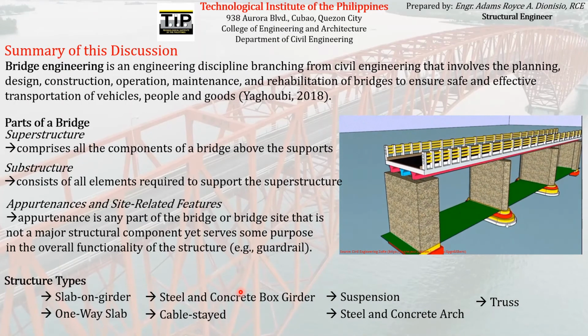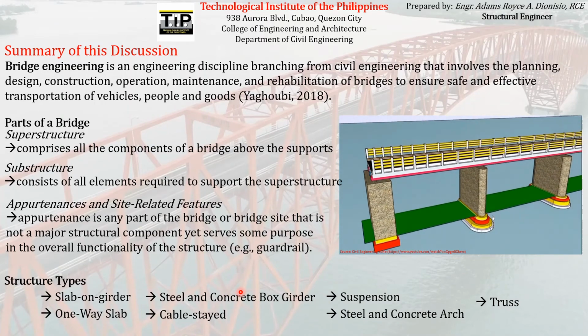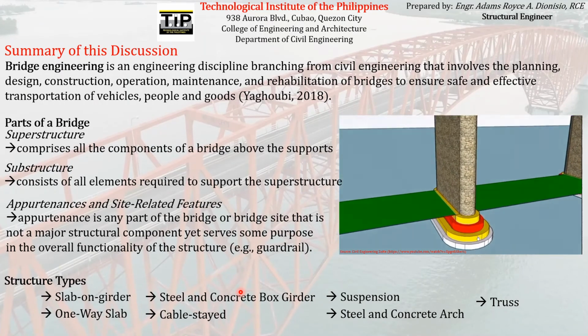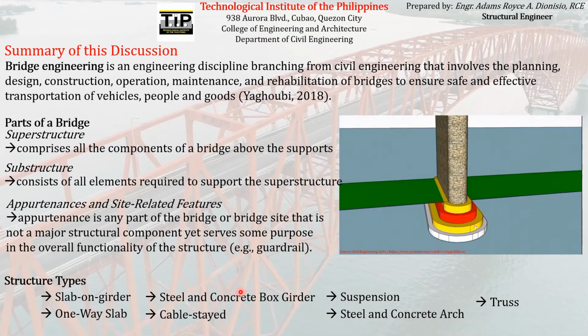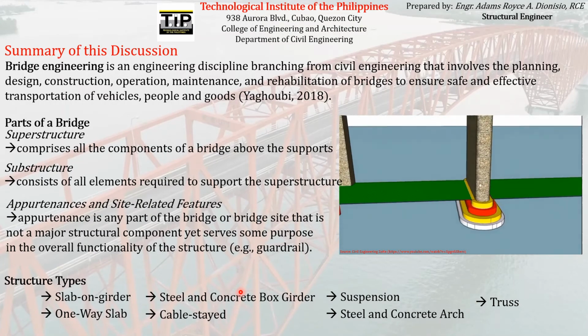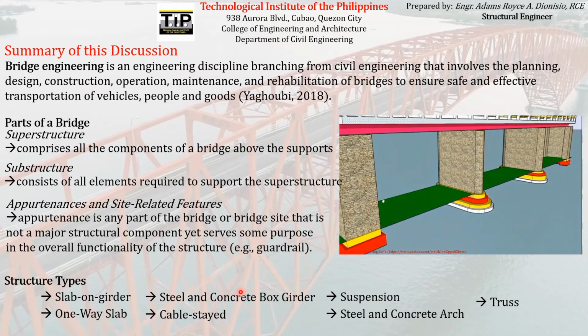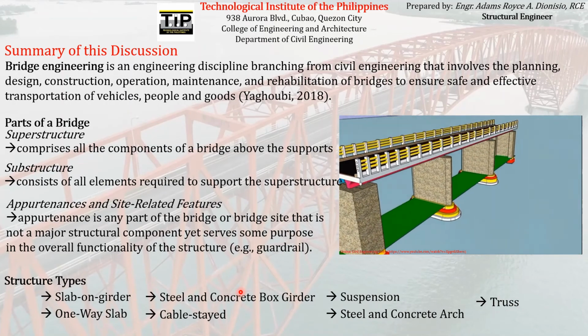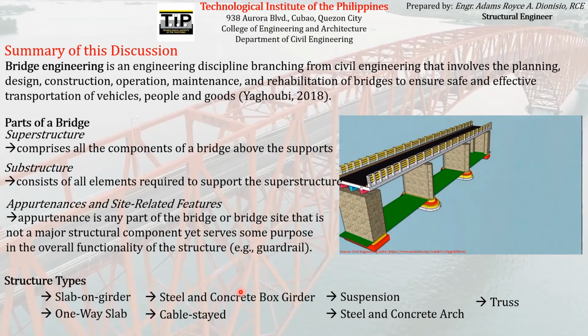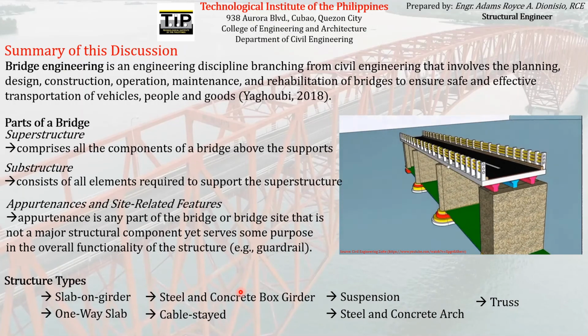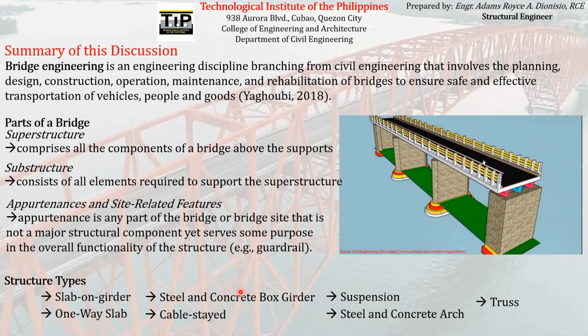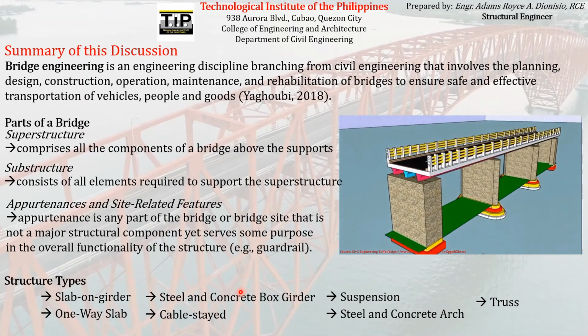So the choice of which structure type to be used depends on different factors that we have enumerated before on this discussion, as well as on the actual site conditions. So those are the things that we have discussed and we have learned on this discussion.